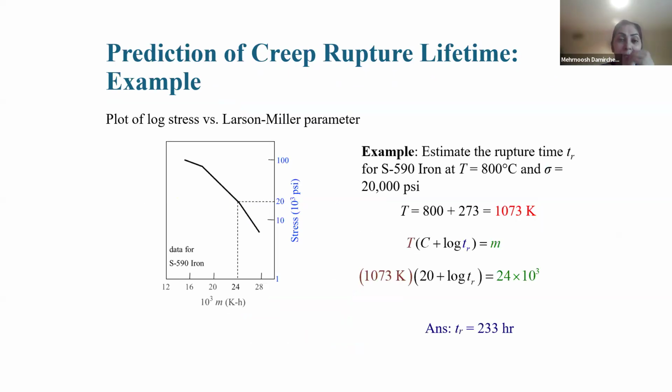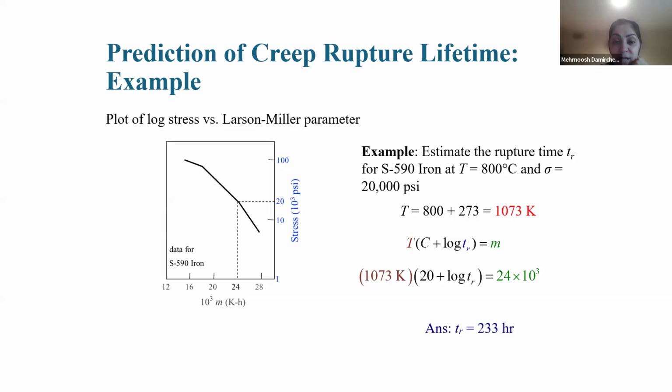Here is the first example. Estimate the rupture time, or T_R, for S590 iron at a temperature of 800 centigrade, and applied stress sigma of 20,000 psi. Okay. First, convert the temperature to Kelvin, which is 1073 Kelvin.